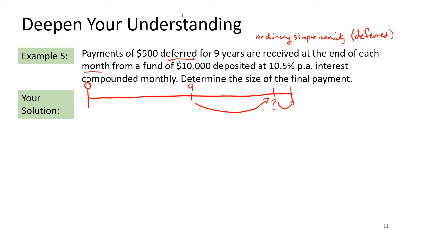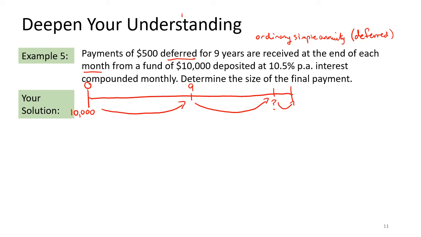So we started with a fund of $10,000. So what we have to do is find the future value of that fund at this period in time, because that's how much money they're going to have in their fund to start paying out these payments of $500, okay?